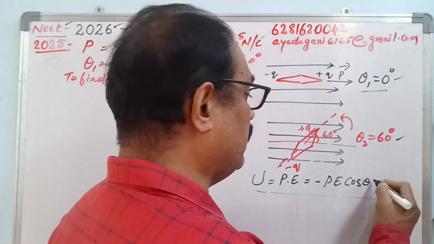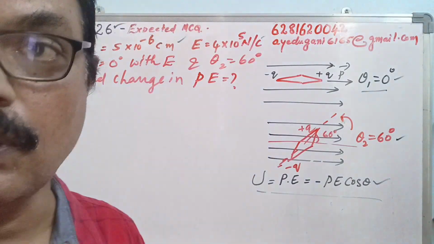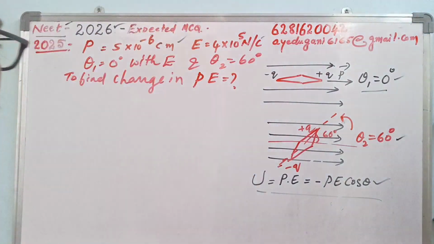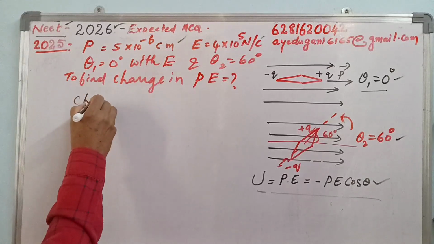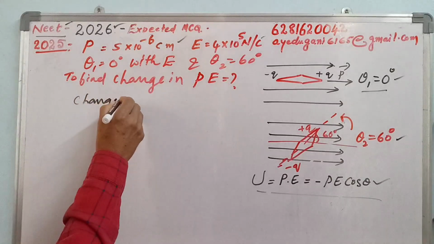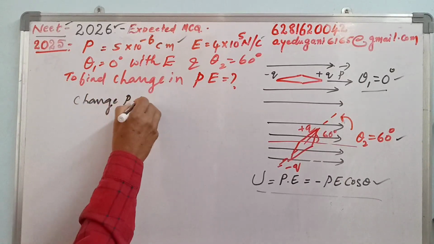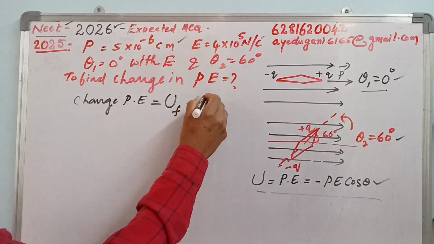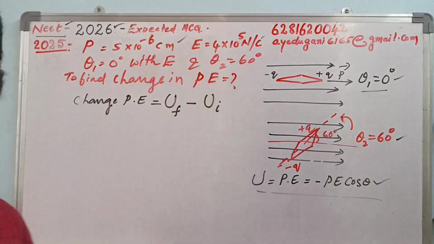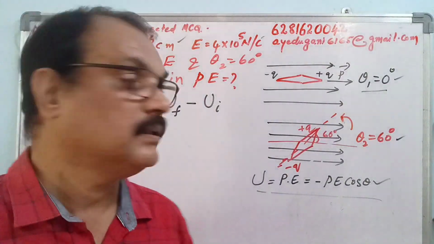This is what you have to remember. So how to solve this? Change in potential energy is equal to final potential energy minus initial potential energy.